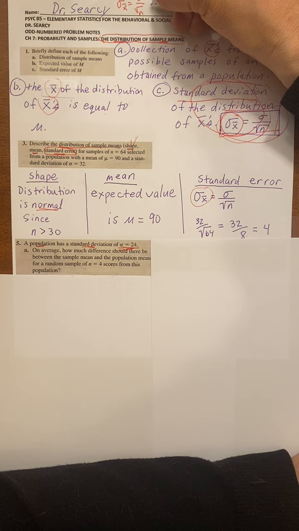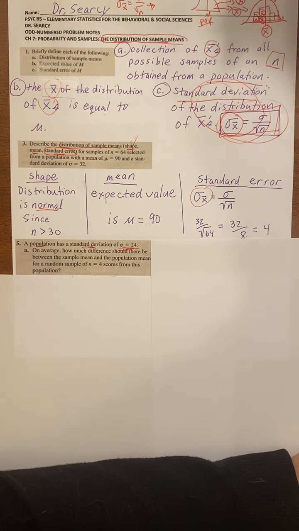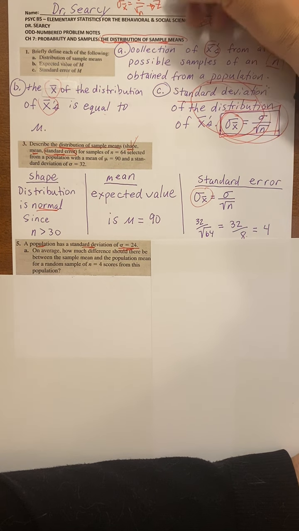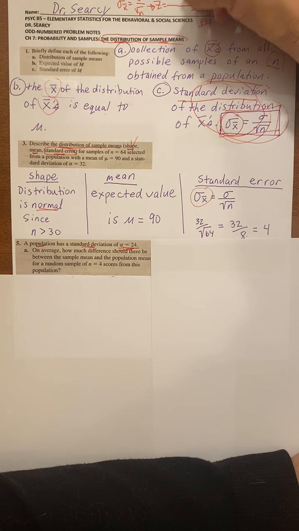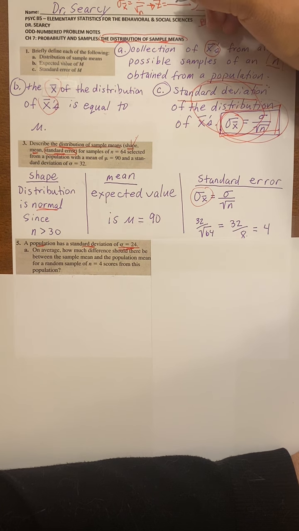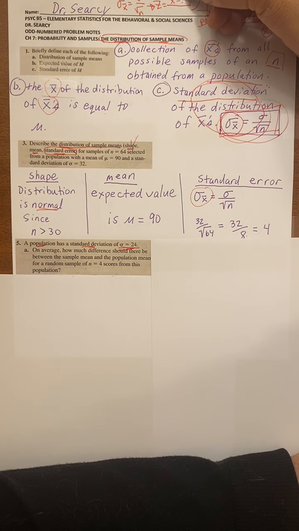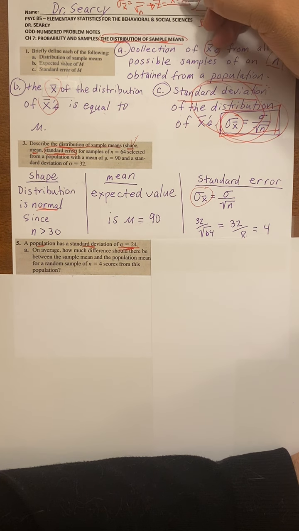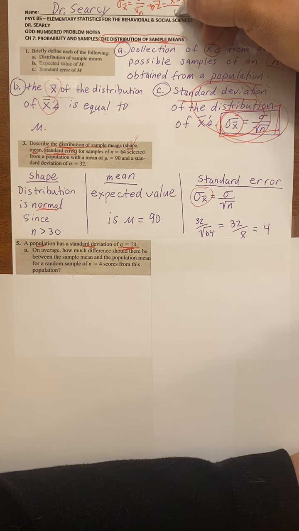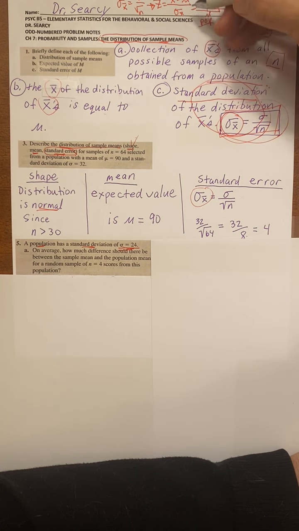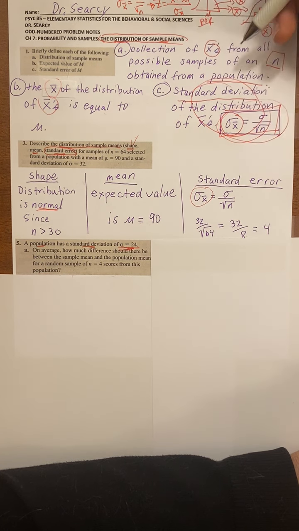But once you have that value, then they're going to want to have you pop it into this new version of the z equation, right? The z equation is now where it's going to be a sample mean minus population mean over this new standard deviation, right? Over this standard error.